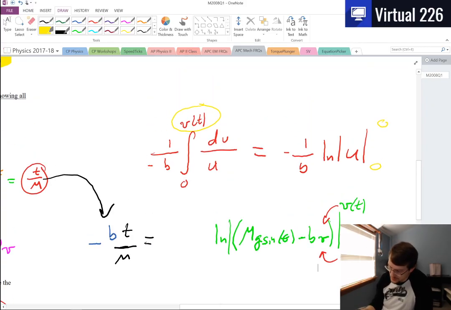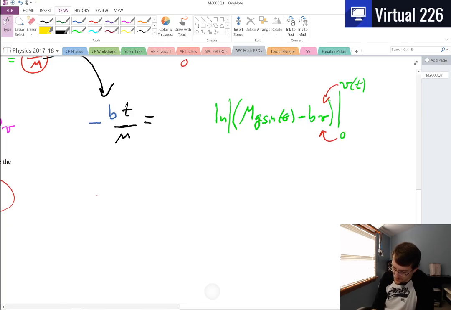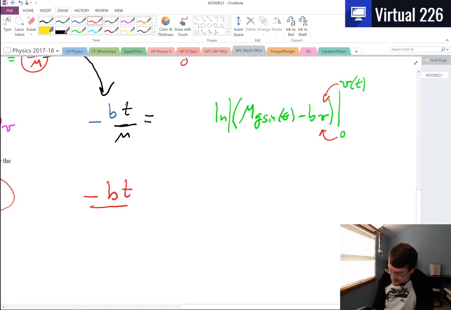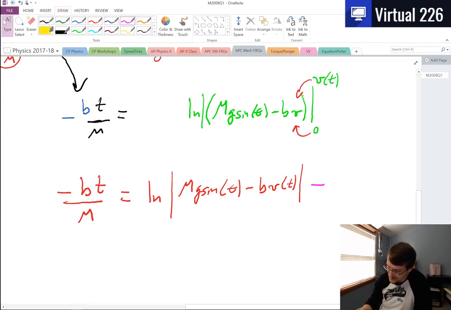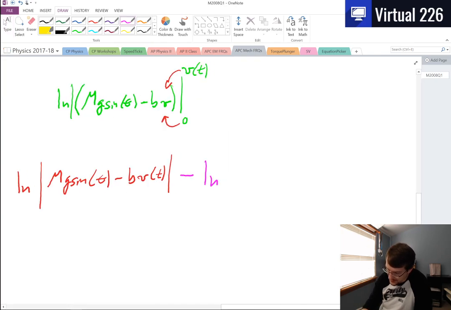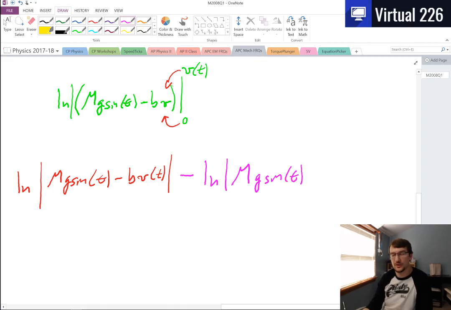And when I do this, let's keep everything nice and neat here, I still have my minus bt over m equals, well, if I plug my upper bound in, I'm going to get the natural log of mg sine of theta minus b v of t, and then minus the natural log of mg sine of theta minus 0, because when I put that 0 in for v, that becomes nothing.